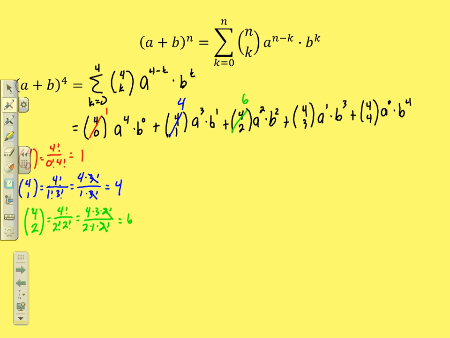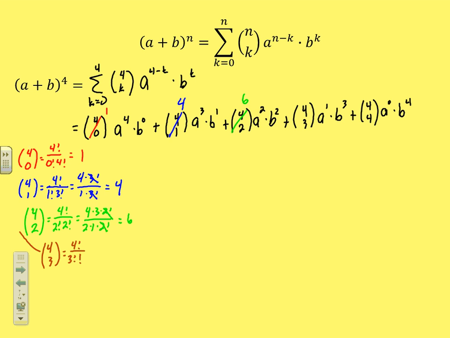The next one that we're going to see is the 4 choose 3 combination. That gives me 4 factorial over 3 factorial times 1 factorial. And if you notice, we already saw that here, so we already know that should simplify to just be a 4. So here I get a 4. And one more combination to look at.